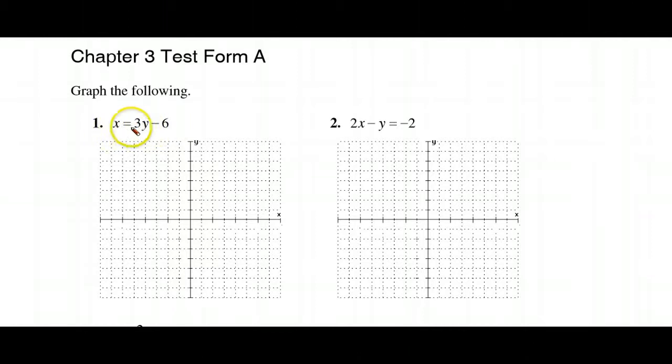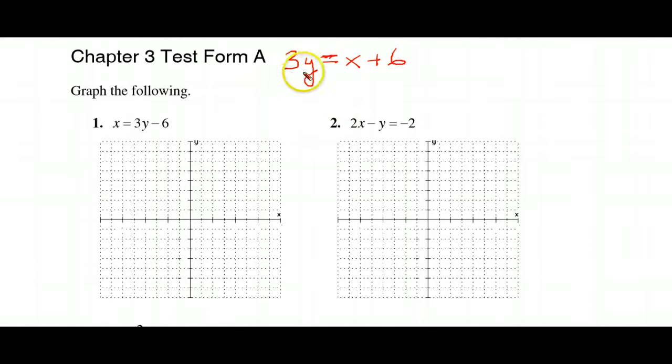Now, notice it's not in any particular form. So I think what I'll do is solve it for y. So I have 3y right there. I'm going to have it equal to x. This is what I had. I just wrote it a different way. And then I'm going to take this -6 from this side and bring it over as a +6.